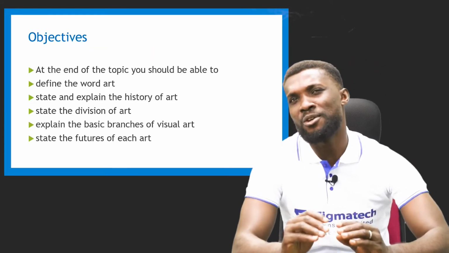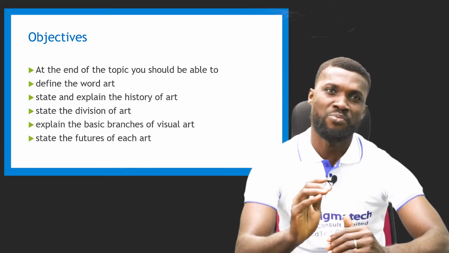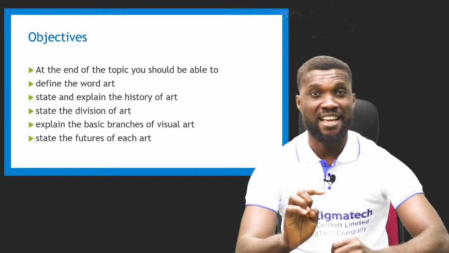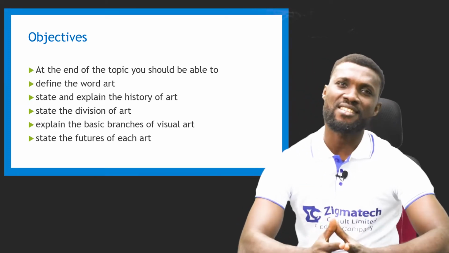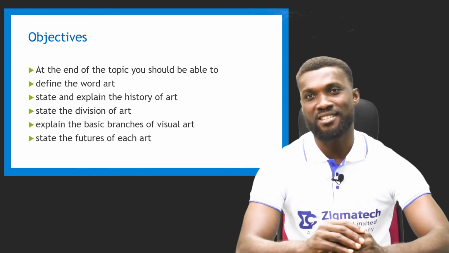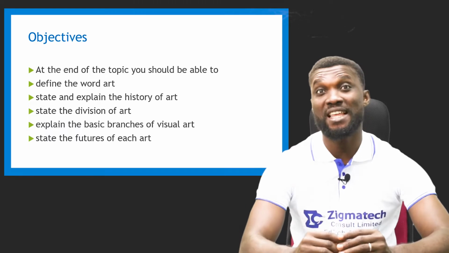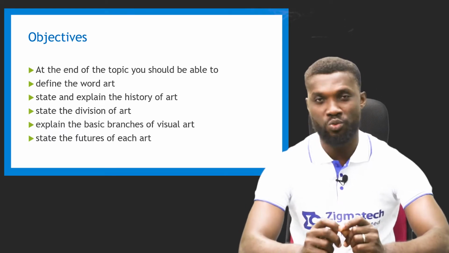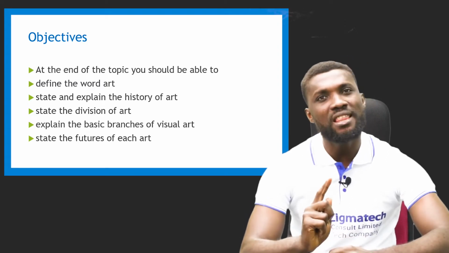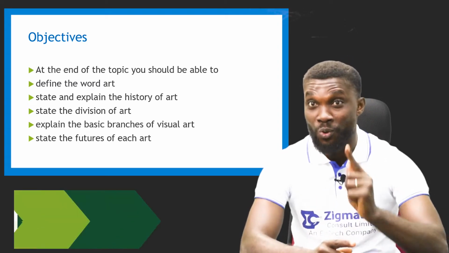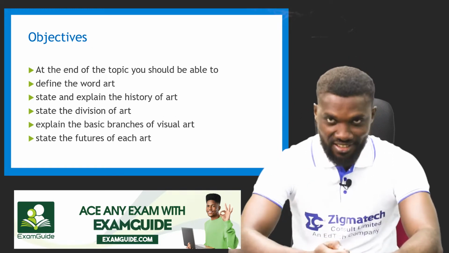My objective for today: there are some bullet points I would want you to get by the end of this class. This class is a 3-part class, so I'm going to take it bit by bit so that you get everything you are supposed to get. Number one, what is art?